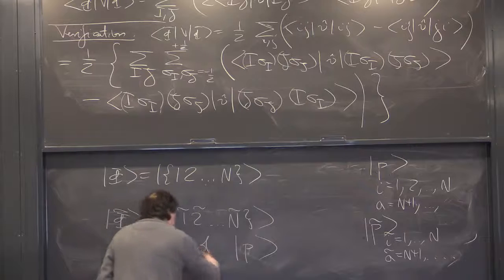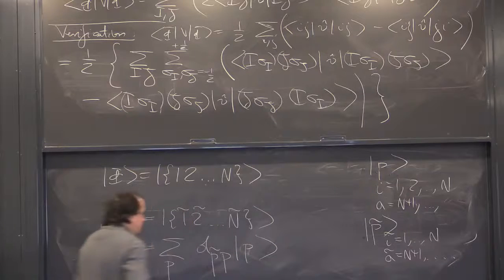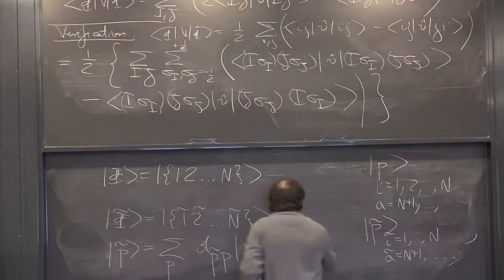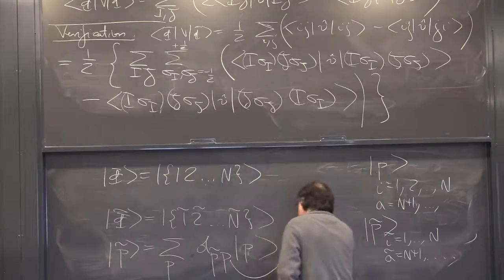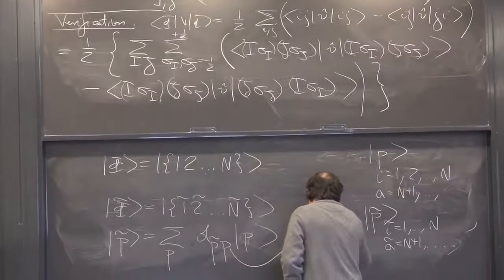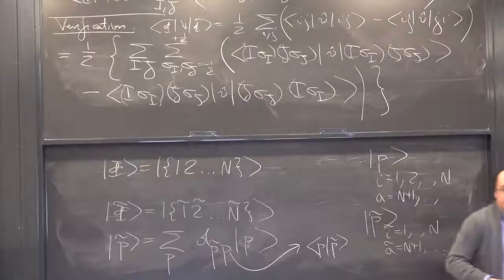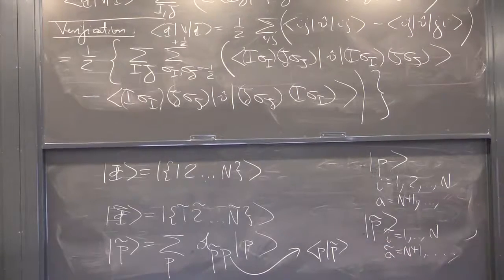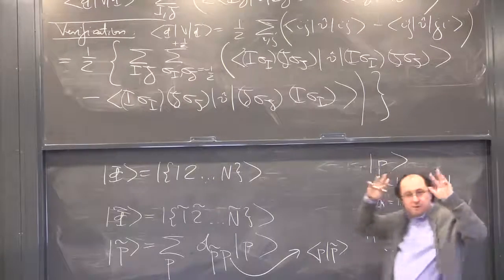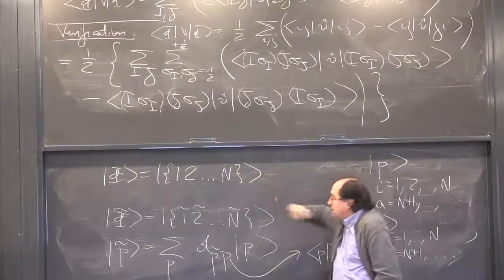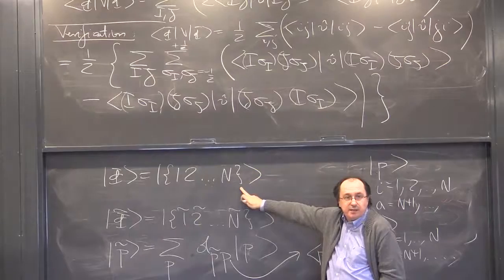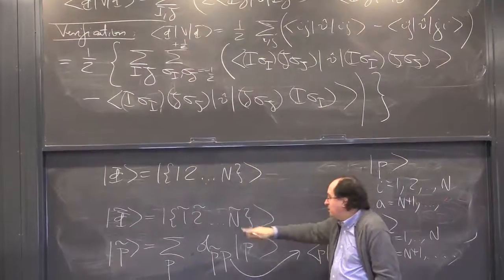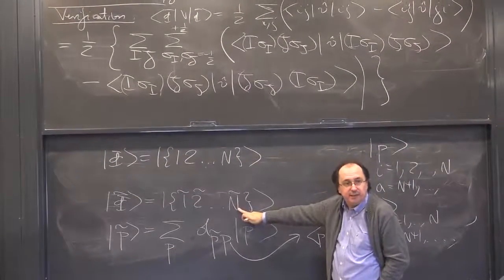You sum over p, and you will have p tilde as the sum over p of d times p, where each of these d's must be an inner product of p and p tilde. In other words, this is what you do in algebra when you switch the basis set. I go from the old basis, the one that leads to this determinant, to the new one that leads to another determinant, phi tilde.